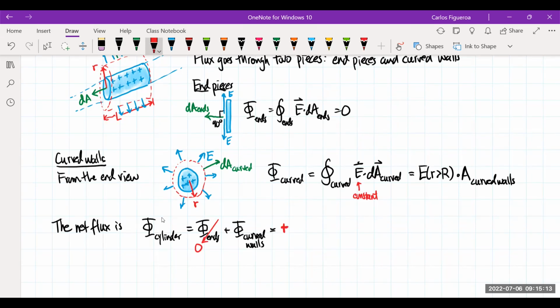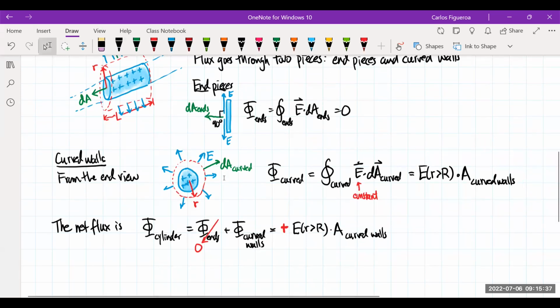That's because we have a positively charged cylinder. If we had a negatively charged cylinder, then I would put a minus sign in here. So what that tells me now is that this is going to be the E field for that times the area of the curved walls here.